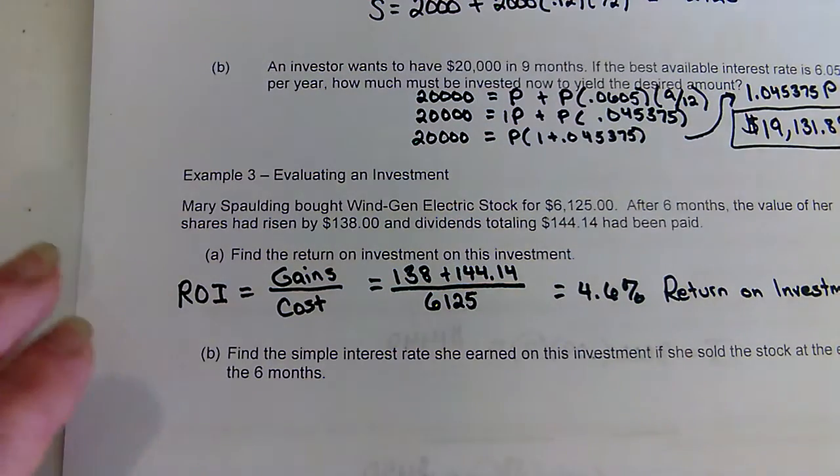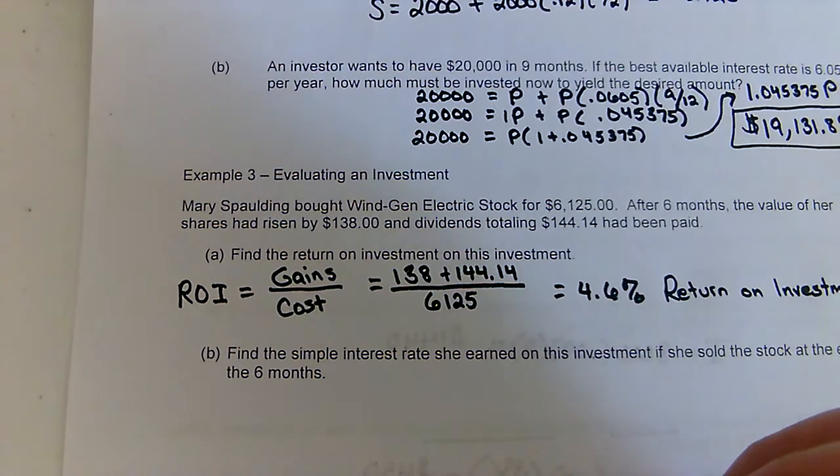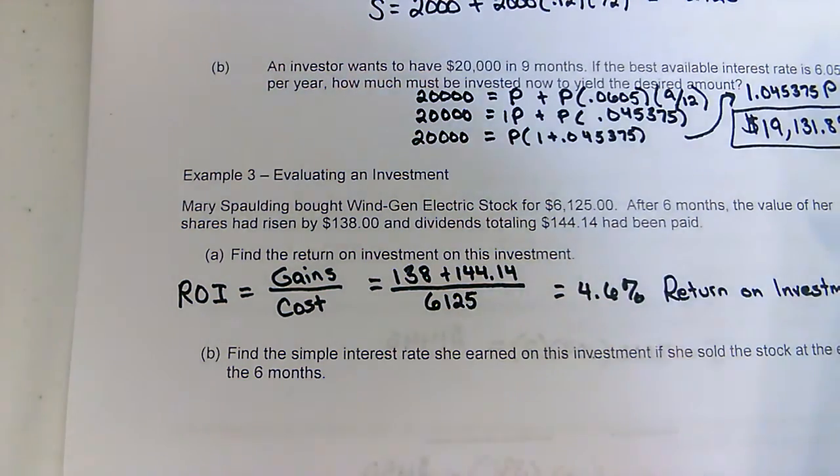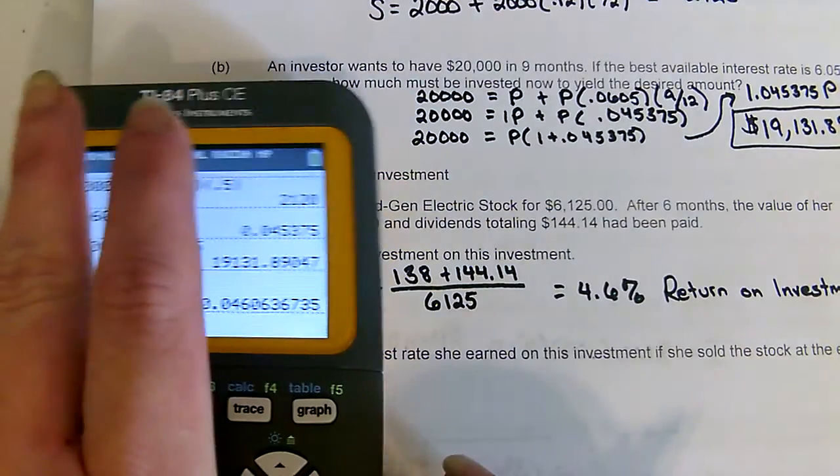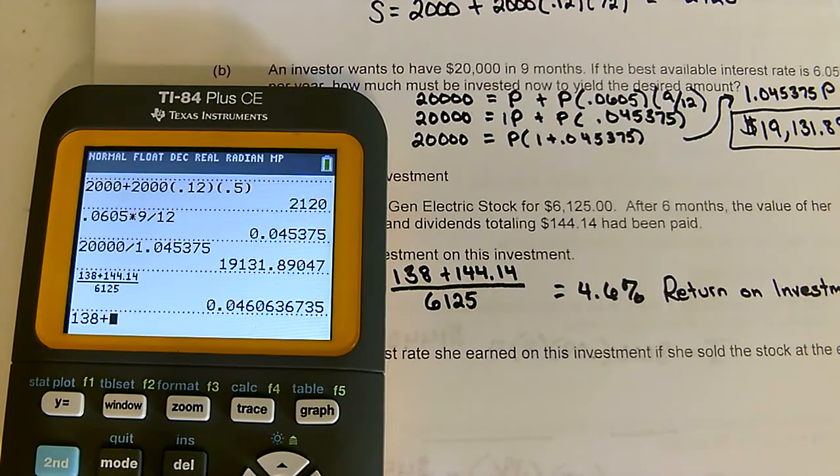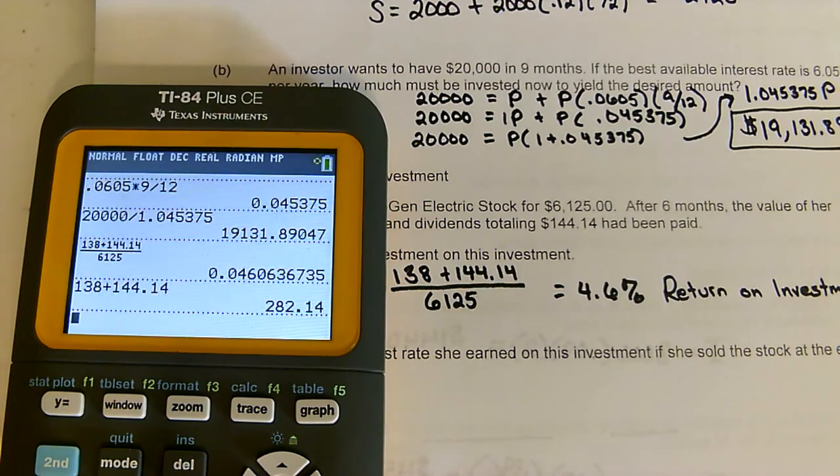Find the simple interest rate she earned on this investment if she sold the stock at the end of the 6 months. So let's think about that. The interest that she earned would be her gain, which would be these two together: 138 plus 144.14.